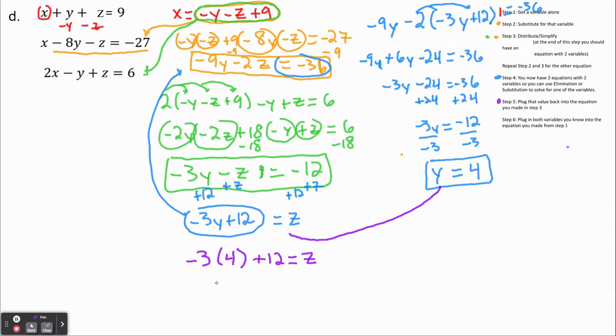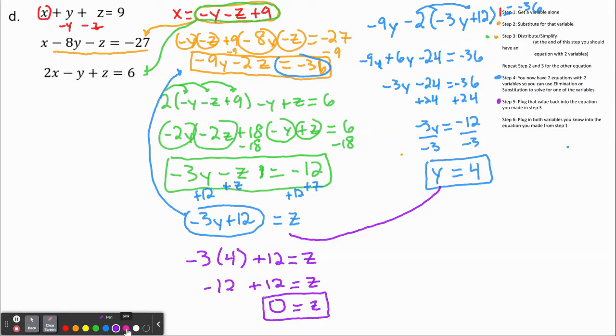Negative 3 times 4 is negative 12, plus 12 equals z. And negative 12 plus positive 12 is just 0. So boom, we got z is equal to 0.